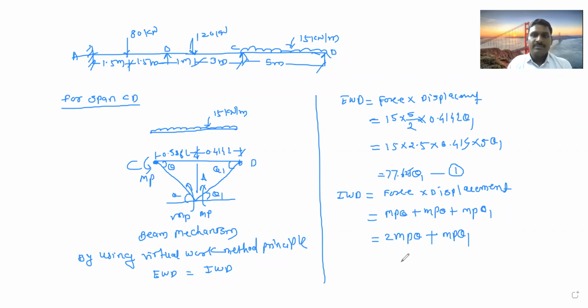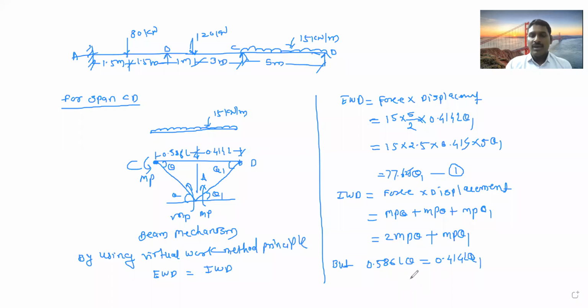So now, here this value is theta 1. But 0.586 L theta is equal to 0.414 L theta 1.